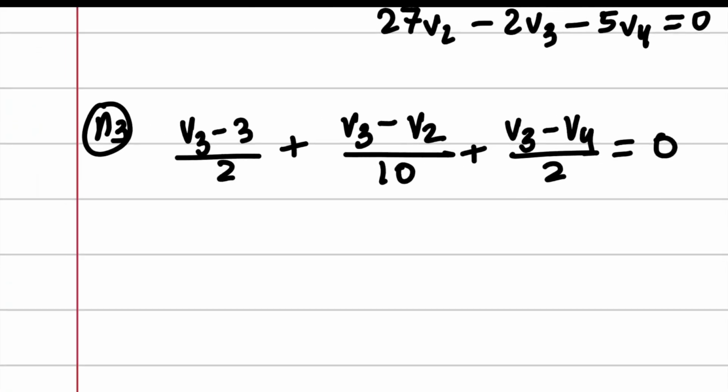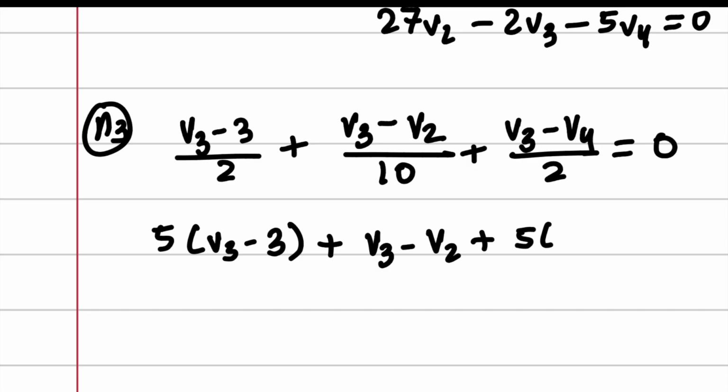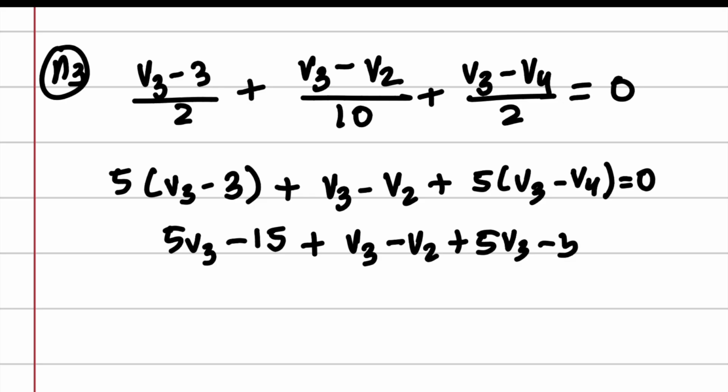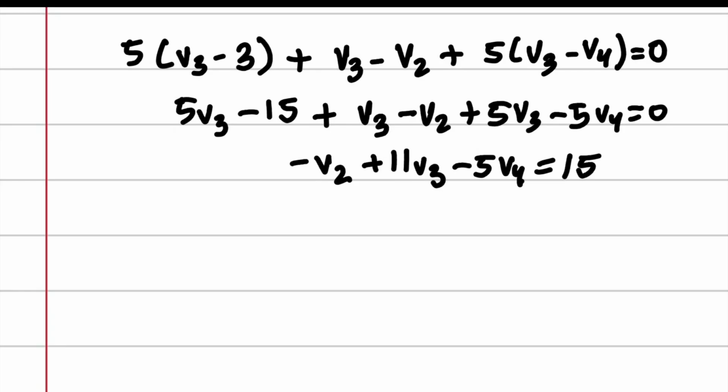Going to multiply by 10, so 5(V3 minus 3) plus (V3 minus V2) plus 5(V3 minus V4) equals 0. And we get 5V3 minus 15 plus V3 minus V2 plus 5V3 minus 5V4 equals 0. And we get negative V2 plus 11V3 minus 5V4 equals 15.